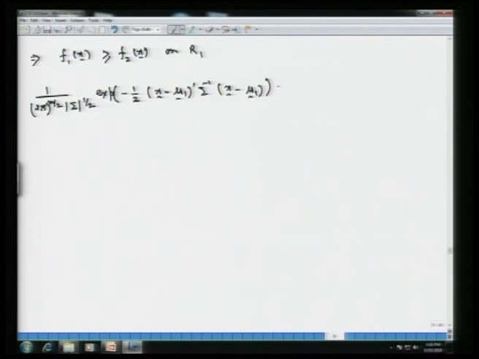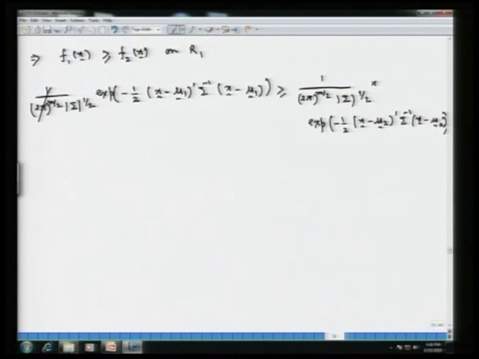This is greater than or equal to the term corresponding to f2(x), that is 1 upon (2 pi) to the power m by 2, determinant of sigma to the power half, then that product e to the power minus half (x minus mu2) transpose sigma inverse (x minus mu2). So, these two terms cancel out with these two terms.